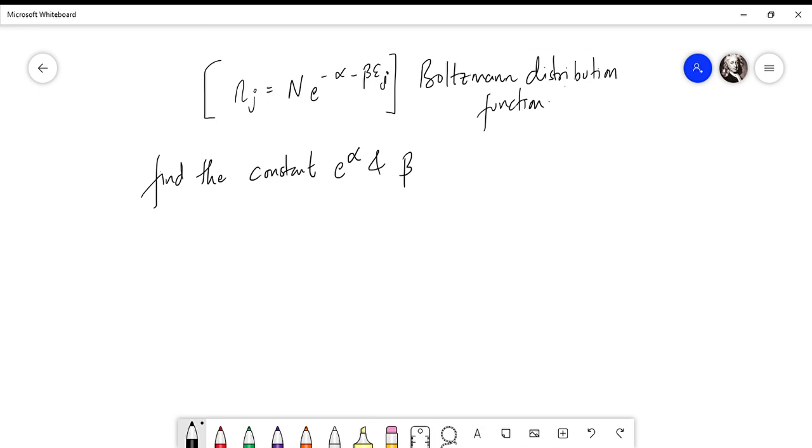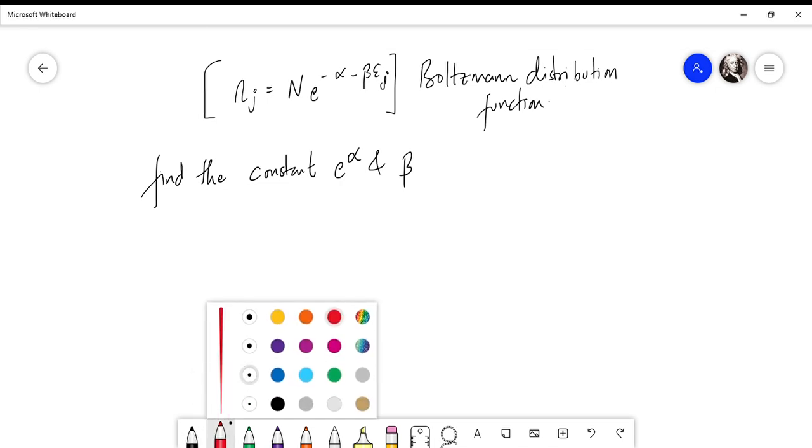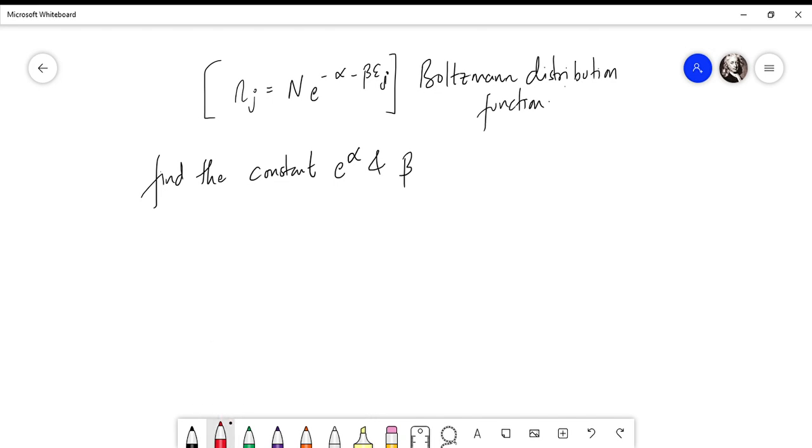So what are these constants if we already have the Boltzmann distribution function, right? It's not too difficult, so let's see what we can do here. Now, let us say we are summing over the Boltzmann's function over all the j's, all the energy states or the cells.